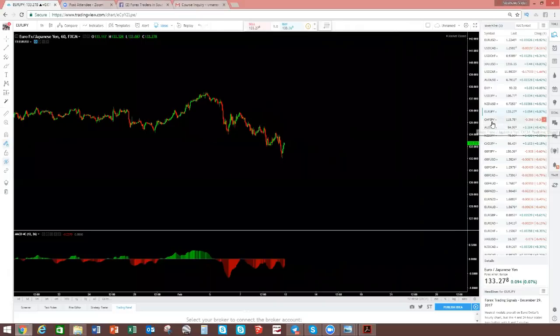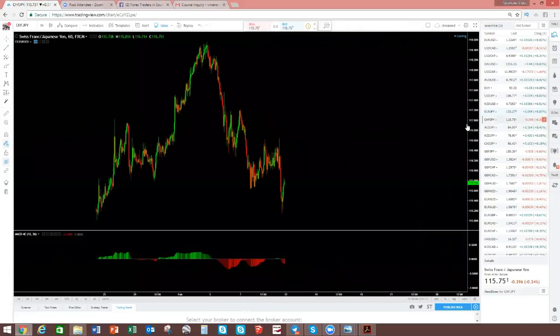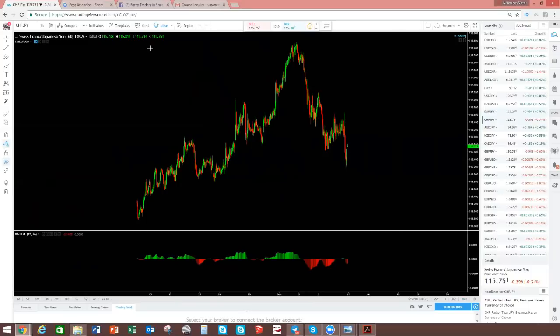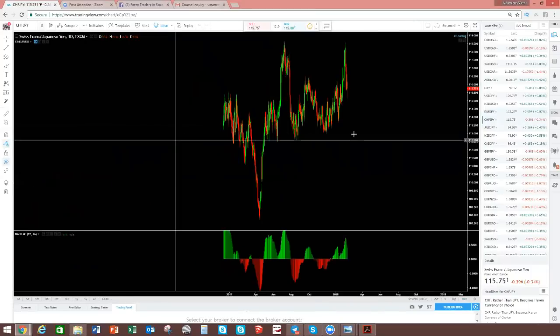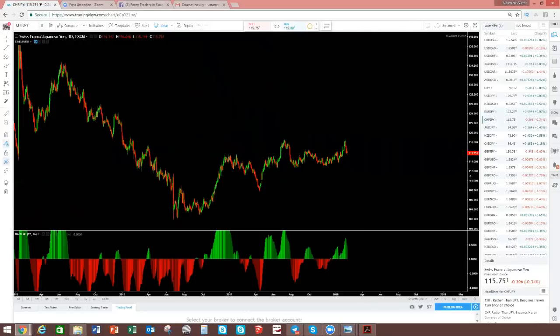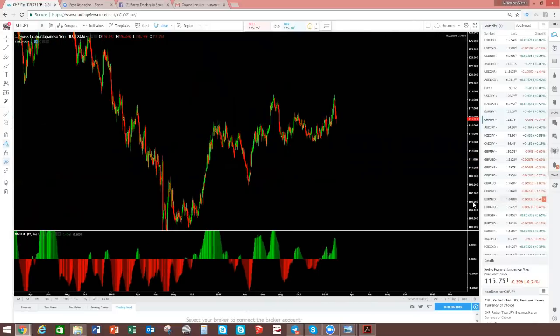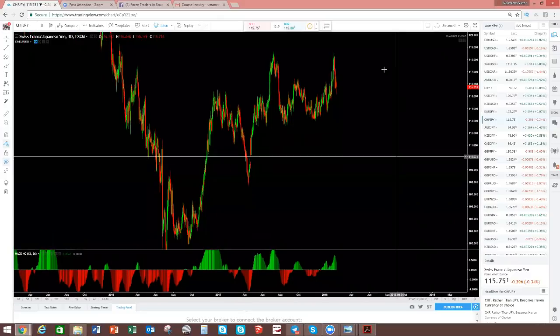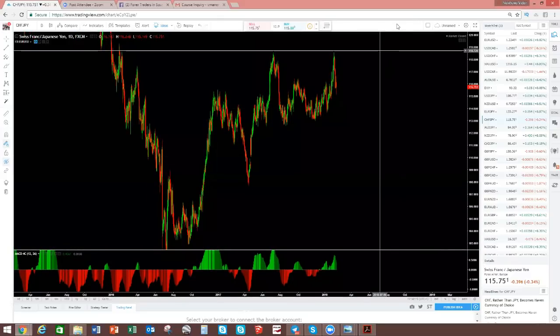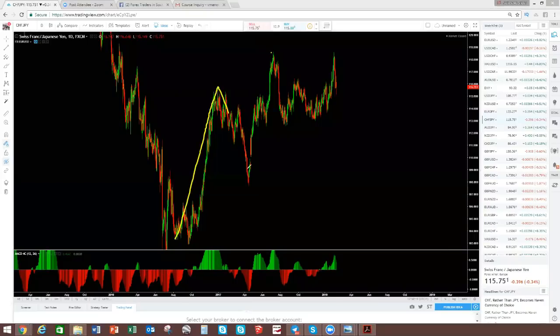Right, so that's EURJPY, CHFJPY, also a very clear structure. If we go to the 4 hour time frame daily, last week on this pair, this is what we were looking for. We have 1, 2, 3. Sorry, not 1, 2, 3, 4, 5.